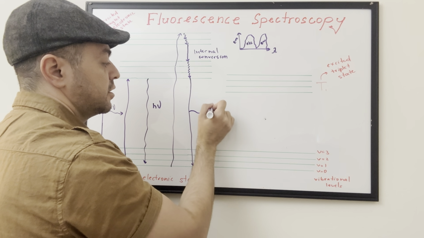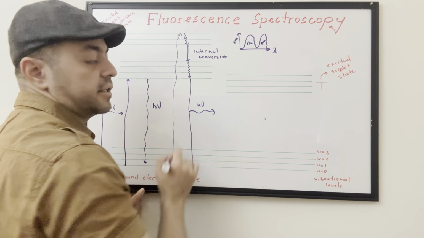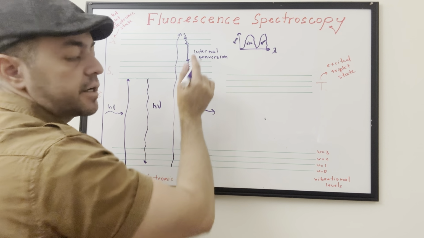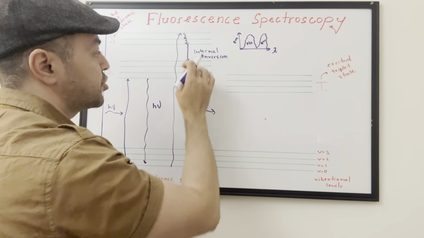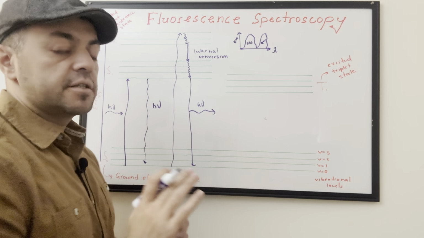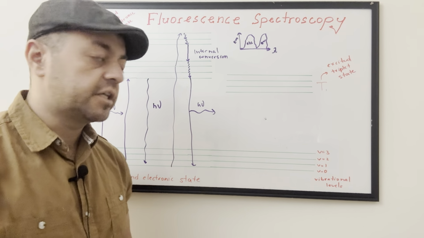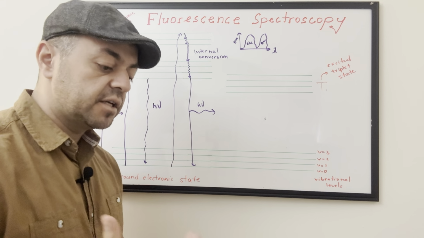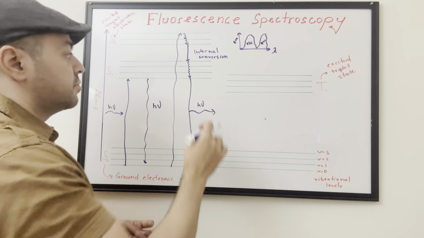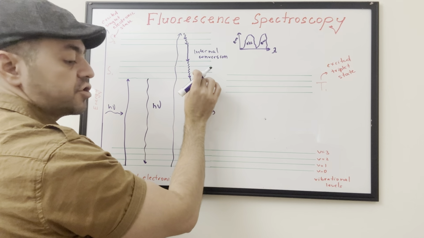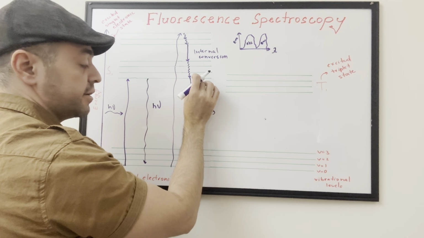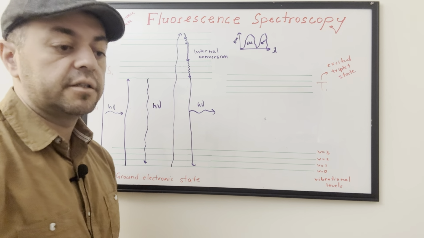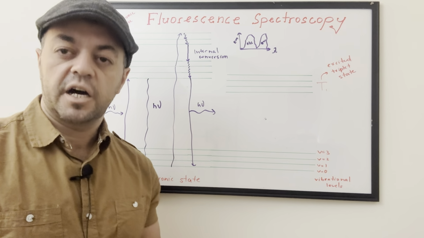So here now you see light. From here, no light. From here to here, no light, only internal conversion. From here to right here, still no light, there is vibrational relaxation, and only the emission occurs from the ground vibrational level of the excited state. And then you see the fluorescence, and that's what we call Kasha's rule.